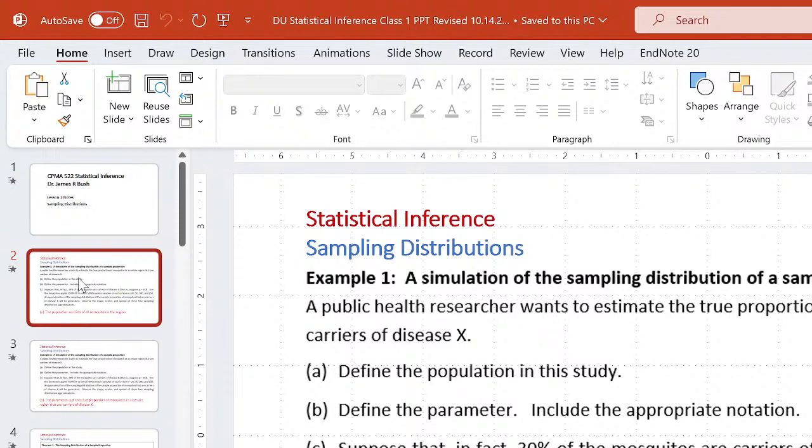Okay, the population, and the answer is down on the bottom. All mosquitoes in the region. Okay? Yeah. Good luck taking a census. Now, a census is when you are able to canvass, to get data from everybody in the population.